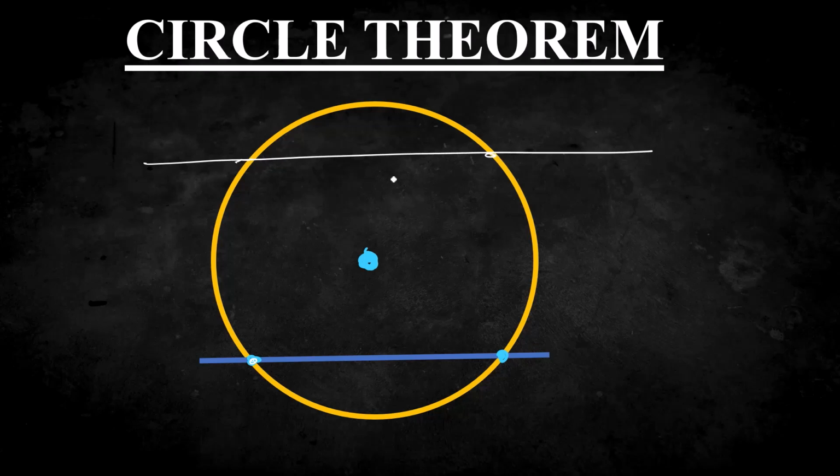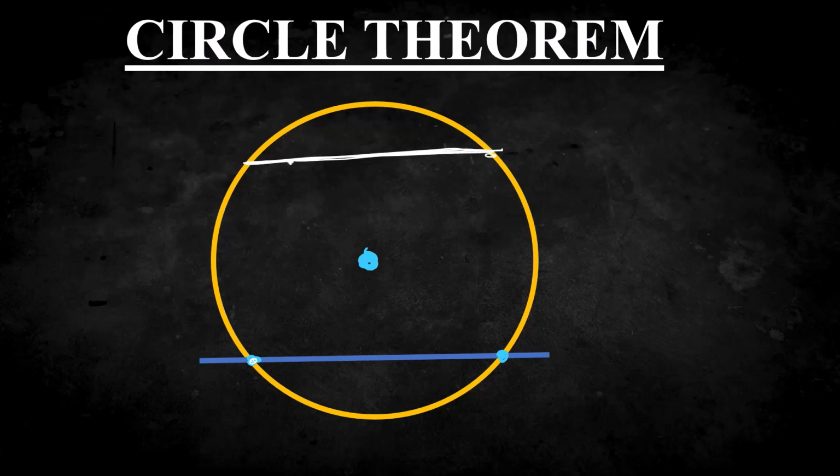Now let's notice the difference between a secant and a chord. This one is a chord and this one is a secant. This one crosses the circle, this one doesn't.